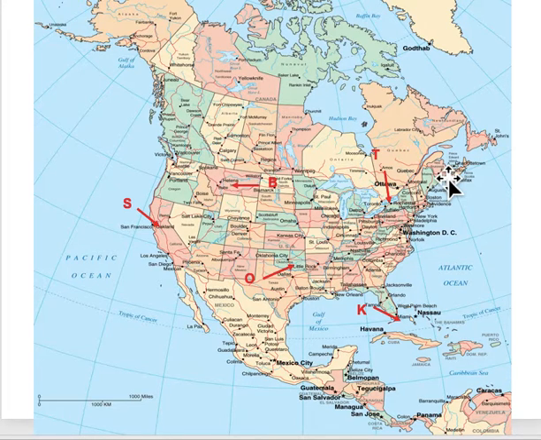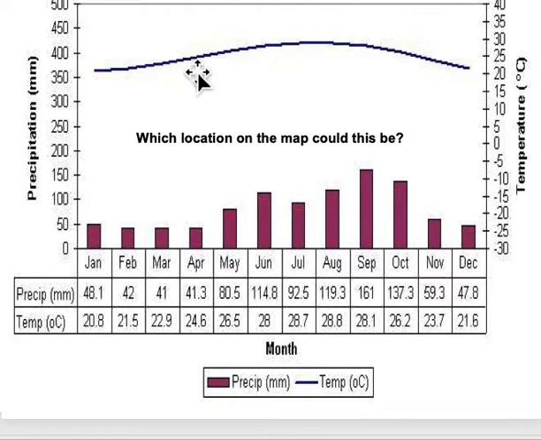So then I don't have any information on ocean currents. And because the curve is so flat, that also tells me that I'm near a large body of water. Why does it tell me that? Because remember that being close to a large body of water makes for a very small temperature range between winter and summer.